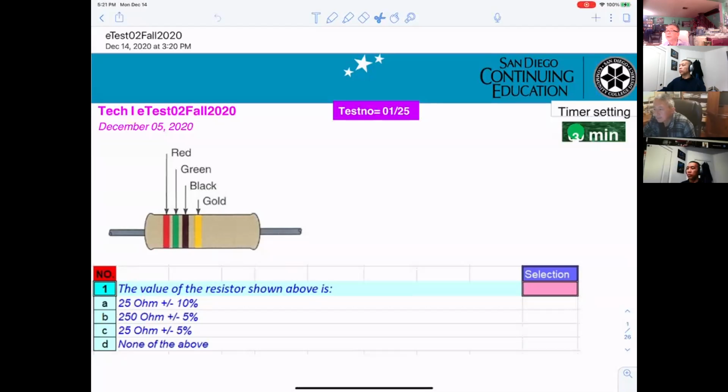Okay, for test number 2, the first number, basically they give you the resistor and ask for the value. The right answer for number 1, A or B or C or D? C. C, that's correct.